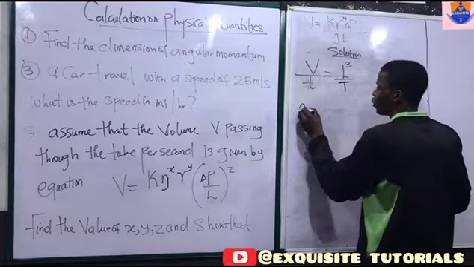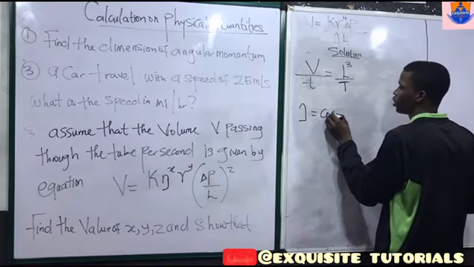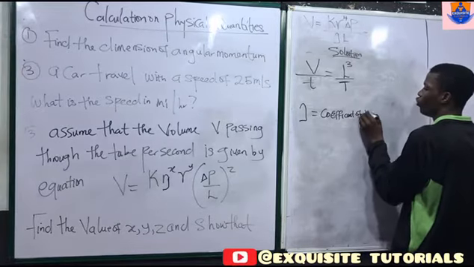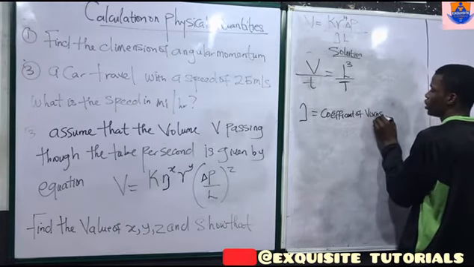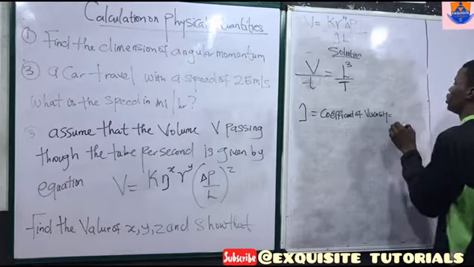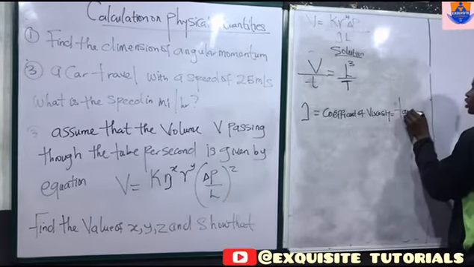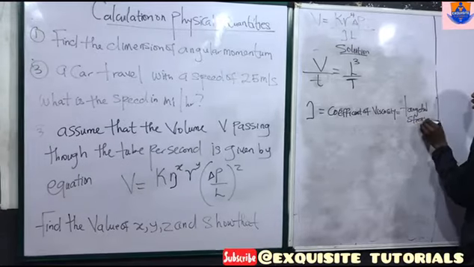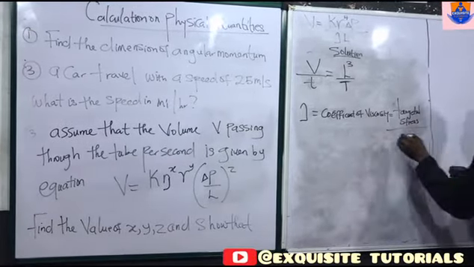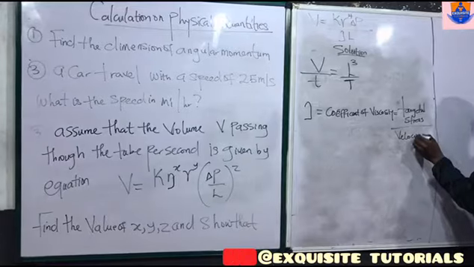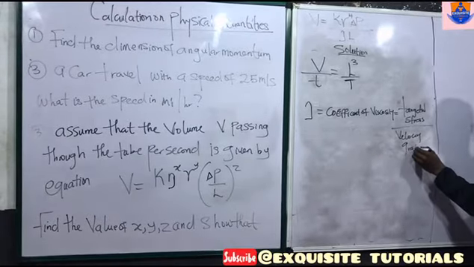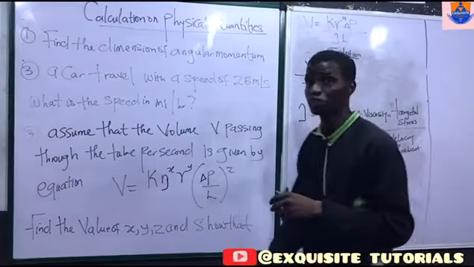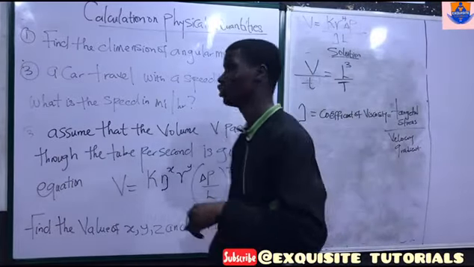Our mu, first of all, is the coefficient of viscosity, which is equal to the tangential stress divided by the velocity gradient. This is a formula in physics: coefficient of viscosity is equal to the tangential stress over the velocity gradient.